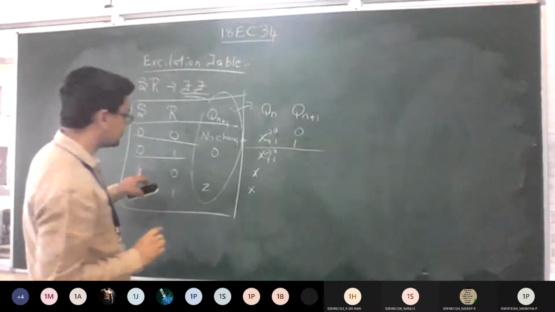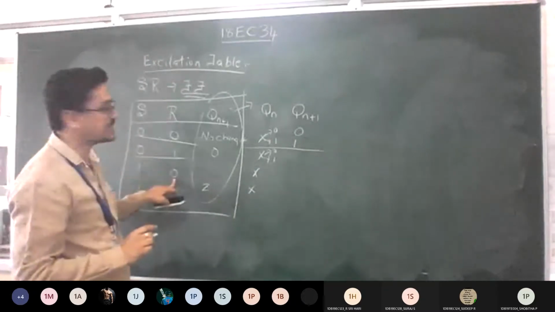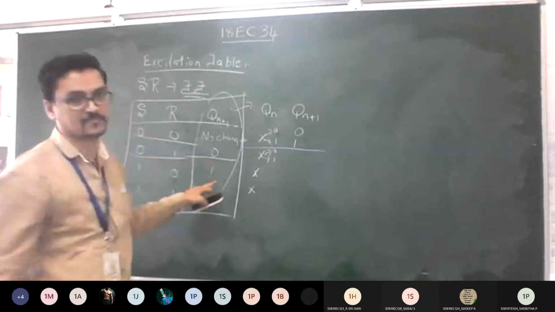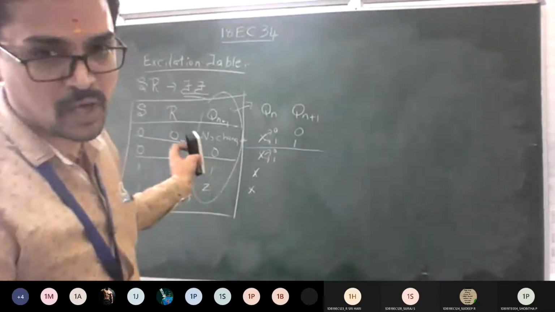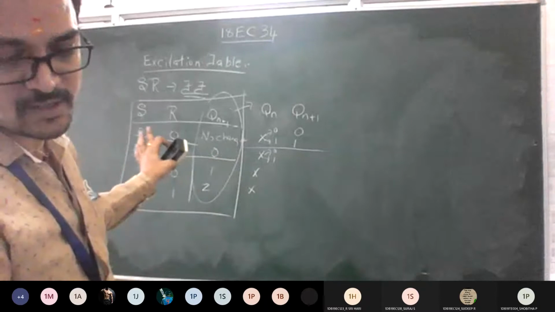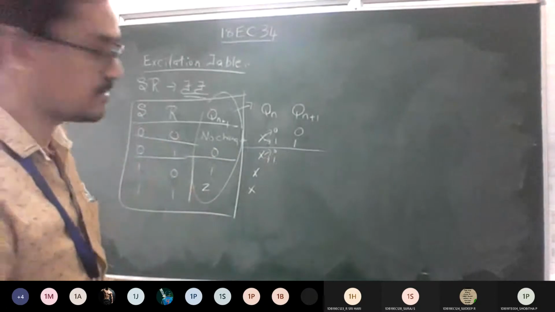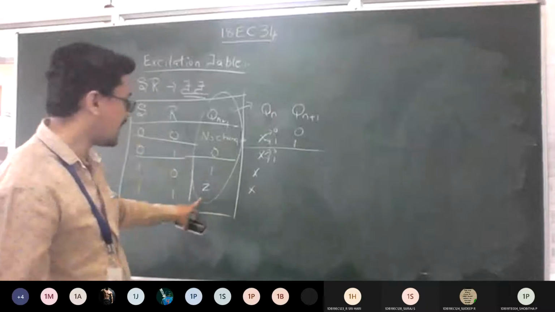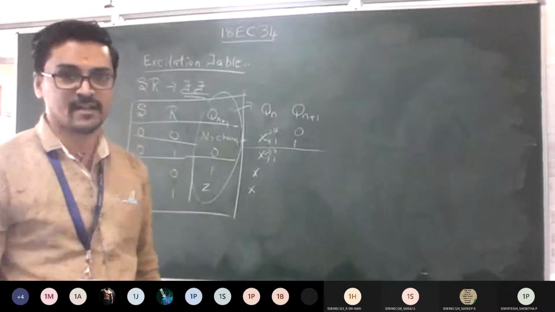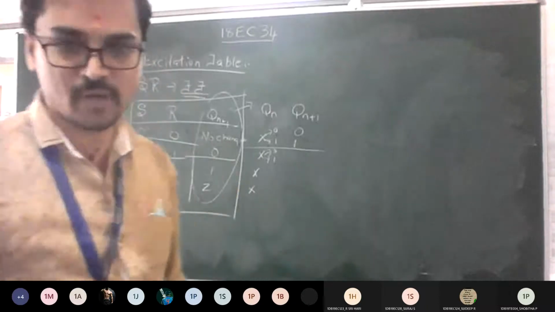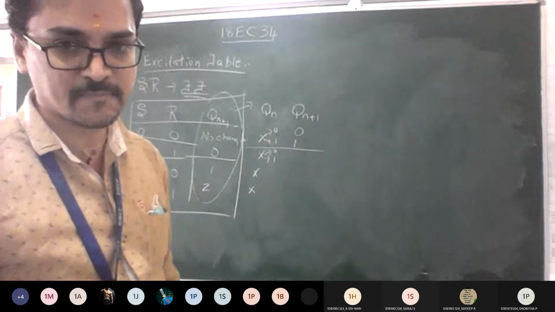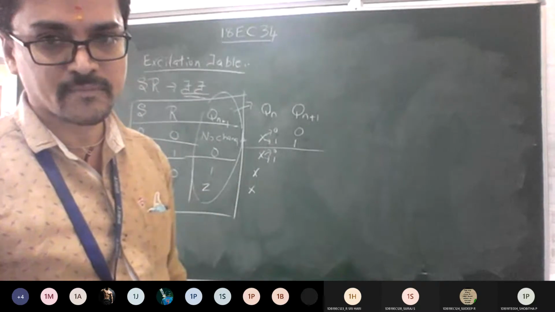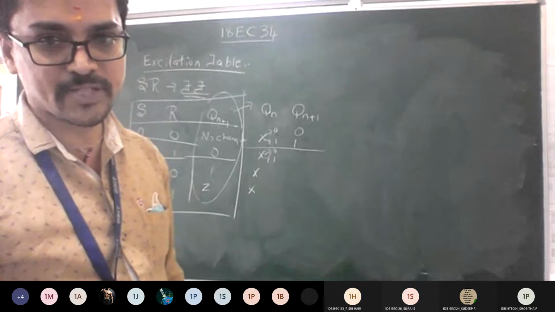Similarly, if set is 1, reset is 0, then your Qn plus 1 becomes 1. It means Q is 1. Then the last condition is the high impedance state. Any doubts till here? Anybody want me to repeat what I told? Is it fine? Shall I proceed?